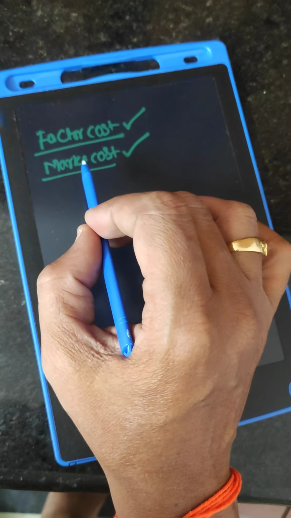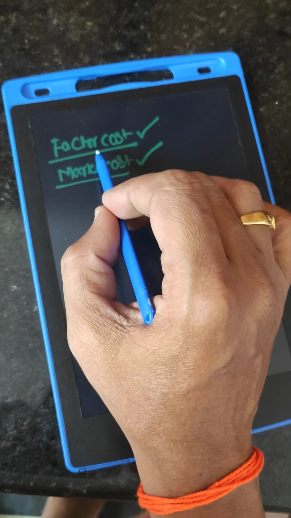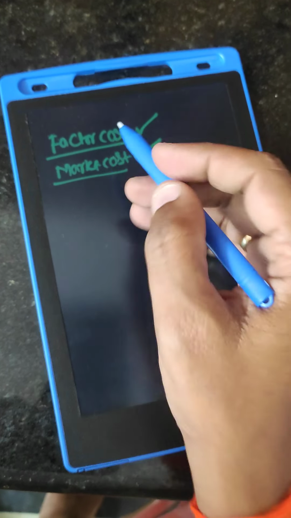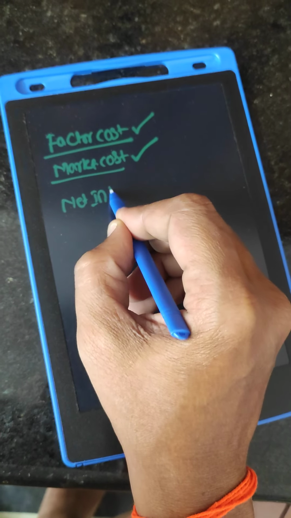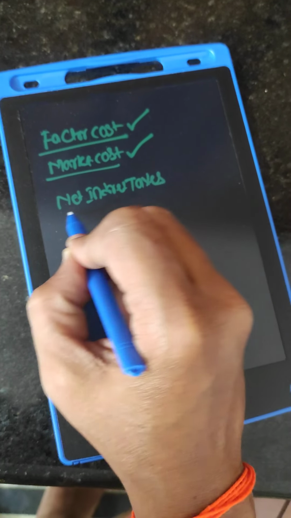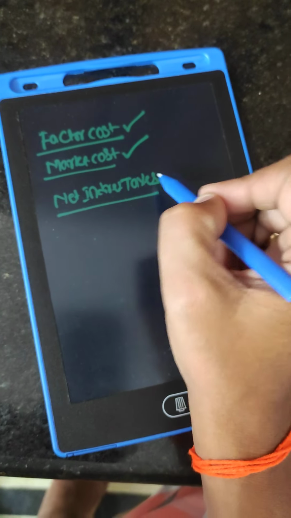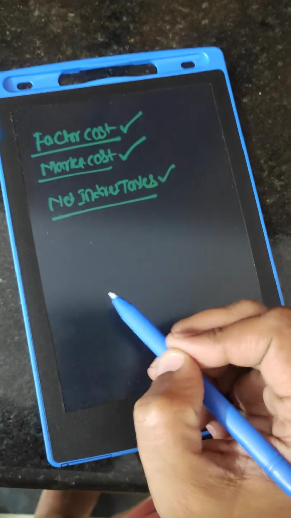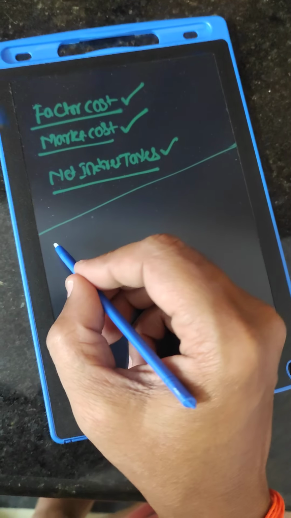The easy explanation is, the difference between these two is net indirect taxes. Okay, so we'll see the net indirect taxes also. First of all we see what is factor cost.